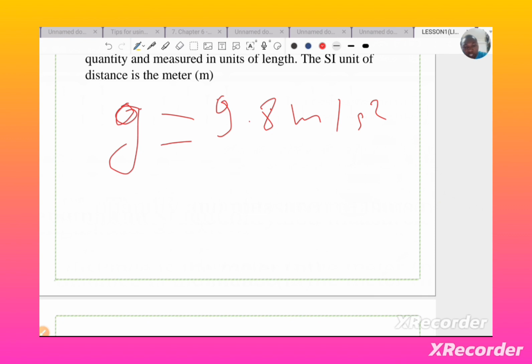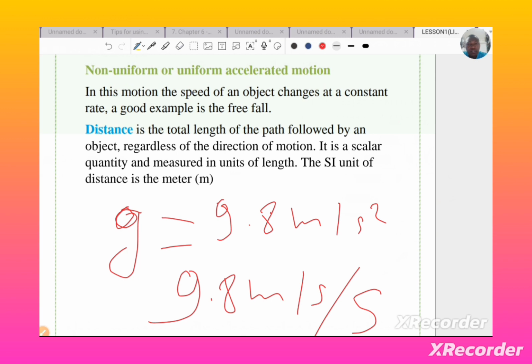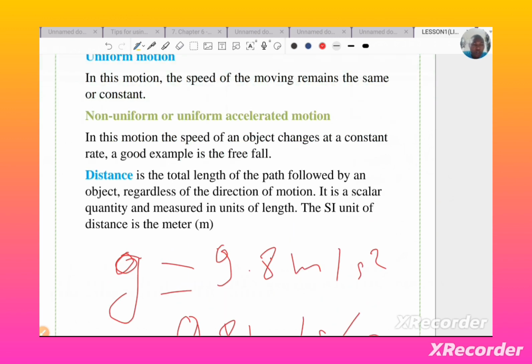The speed is being increased each second, there is a constant increase of speed. That is non-uniform motion, which is different from uniform motion, where in uniform motion the speed is constant. It is not increasing, it is not decreasing. But in non-uniform motion, the speed is changing uniformly.